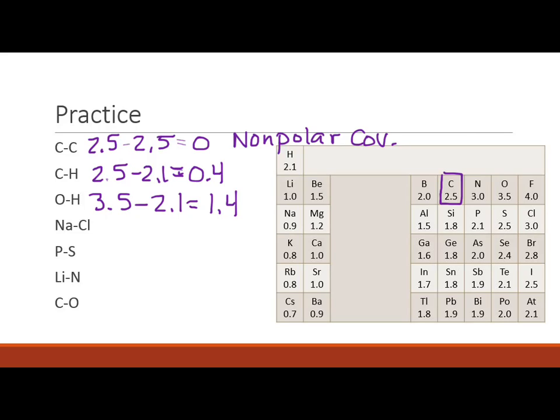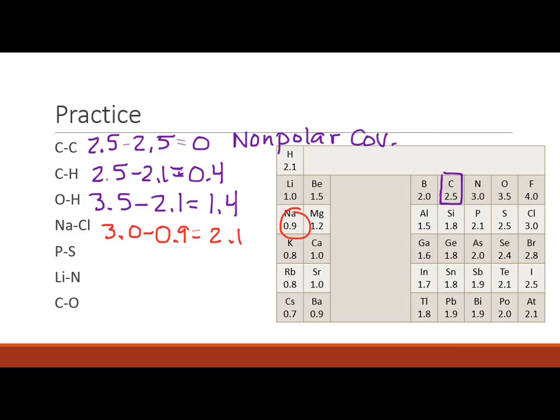Let's try a different color just for variety. Let's see, sodium and chlorine. Chlorine is a 3.0. Sodium, here's sodium right there, is a 0.9, for a difference of 2.1. So 2.1 is such a large difference that we actually have an ionic bond at this point. It's actually a transfer of electrons.